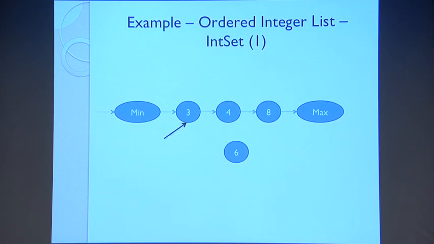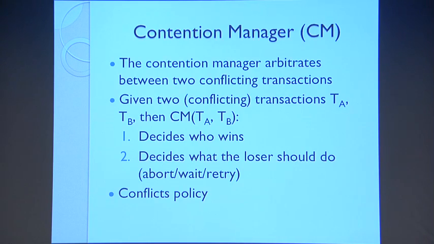Yeah, the manager just decides which one should commit or abort. It looks at these two transactions and decides which one should win and which one should lose. It is only invoked when there is contention, when there's a conflict. And then it says, okay, you're the loser, I'll try to change your status from active to aborted.